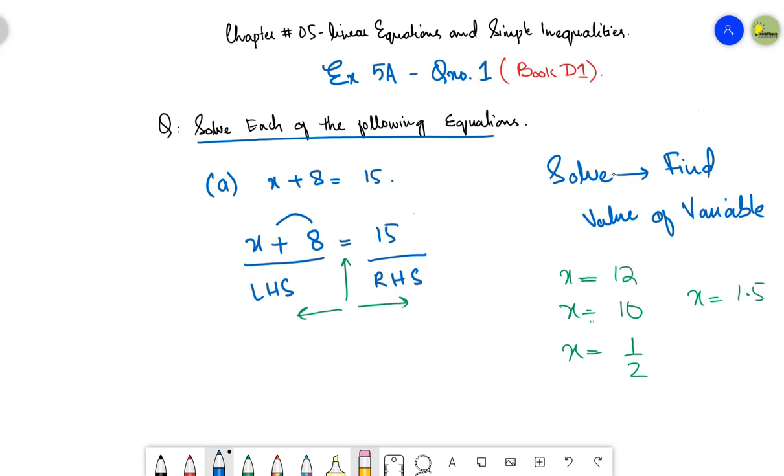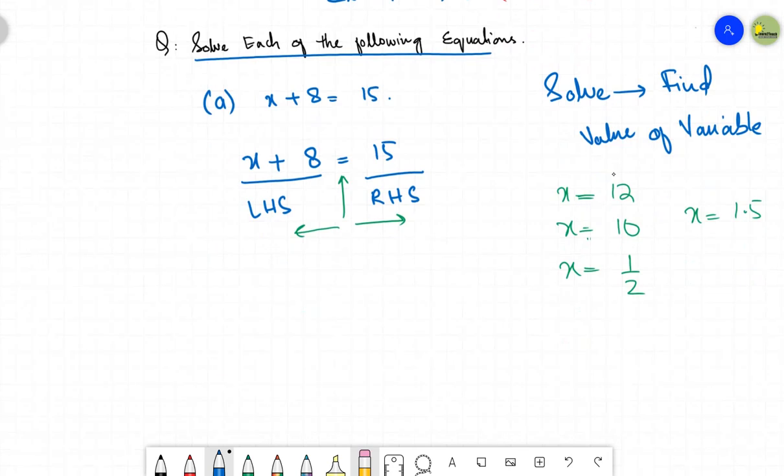There are two sides of the equation. So in the left hand side, I'm having two terms, x plus 8, that is equal to 15.